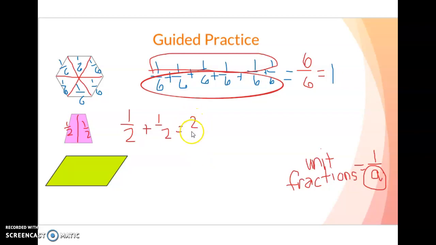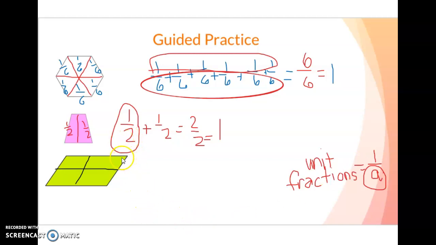And I try to repeat it as much as I can so you understand that whenever the numerator and the denominator are the same, it is equal to 1. And I know sometimes students, whenever they're reading this particular fraction, 1/2, they say 1/2 because there is a 2.